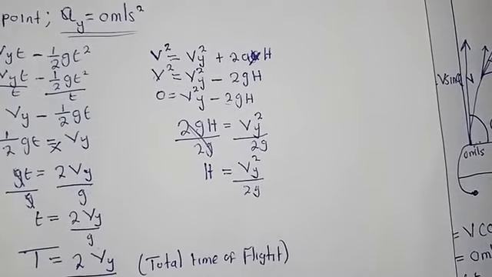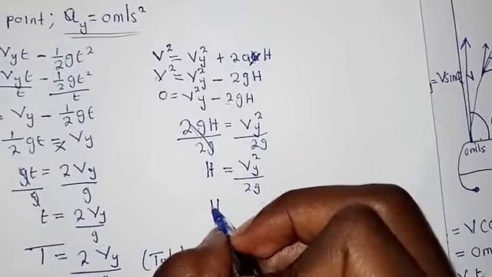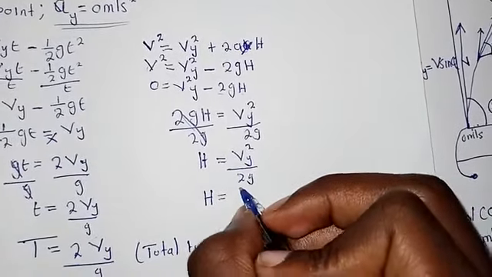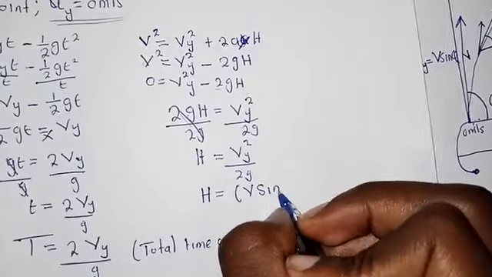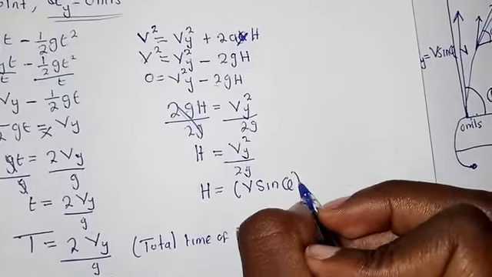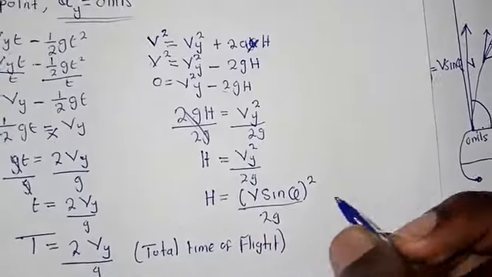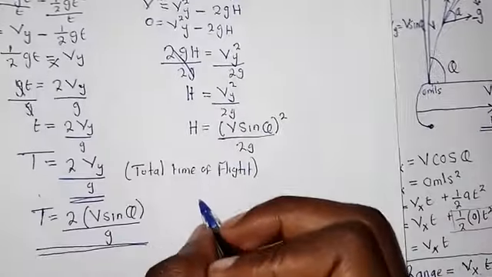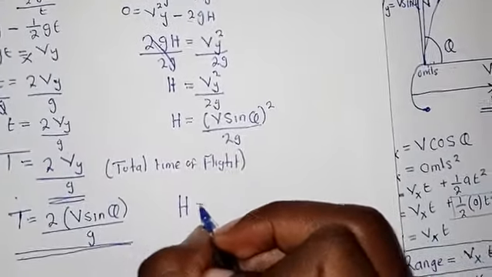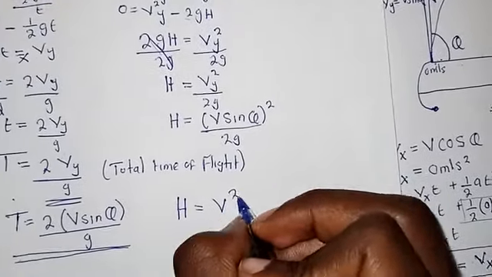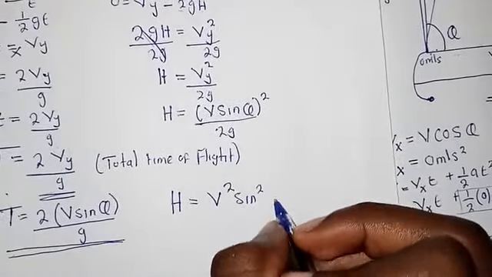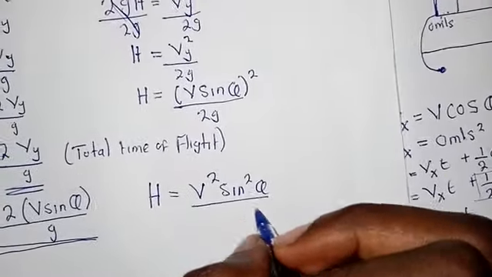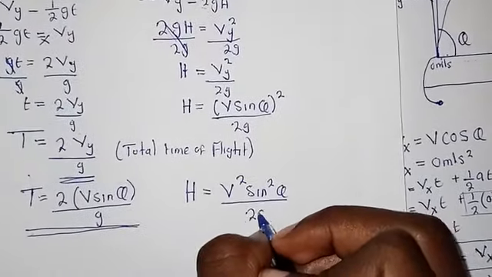Okay, like this. But then remember that the maximum height, remember that this is a component. So this is just the same as v sine theta squared over 2g, like this. Then from here, this can also be written as h is equal to v squared sine to the power 2 theta over 2g.